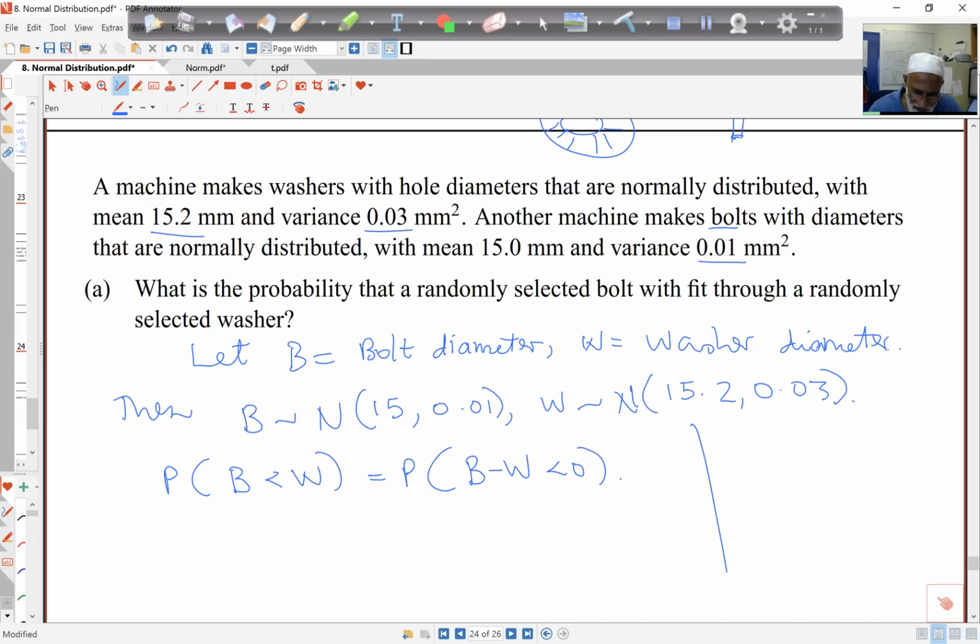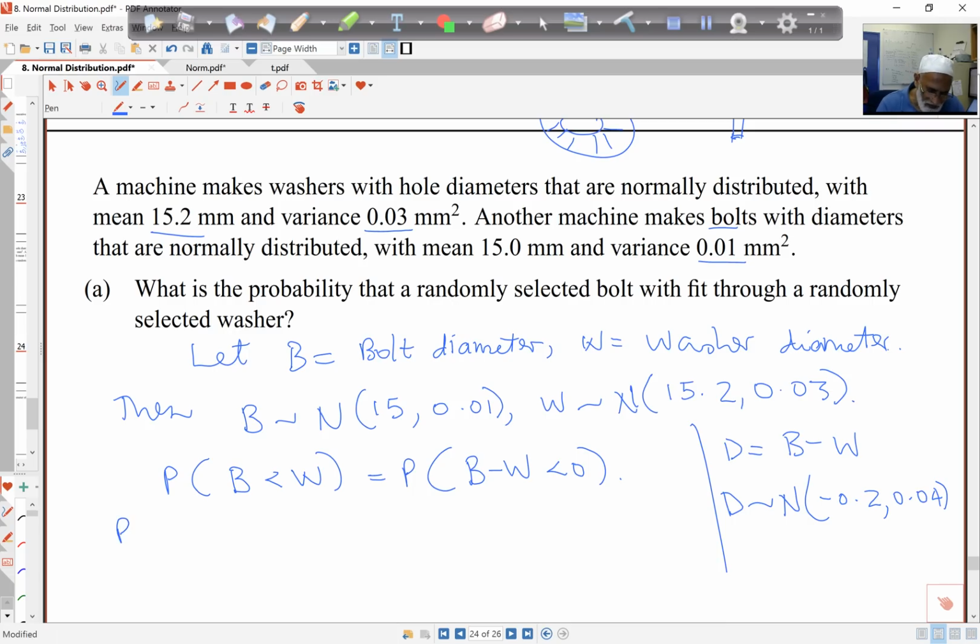So I'm looking here at B minus W. So I'm going to put D as B minus W. And so D will have a normal distribution. The difference in the means, B minus W here, is negative 0.2. And the variances add, so that's 0.04.